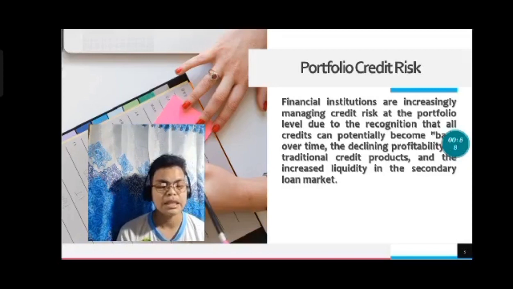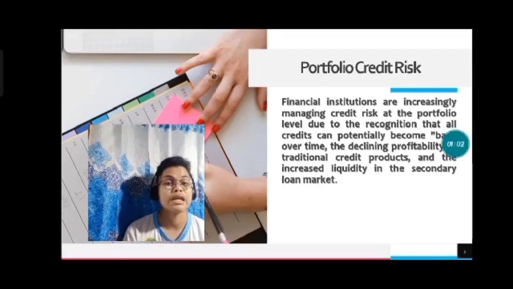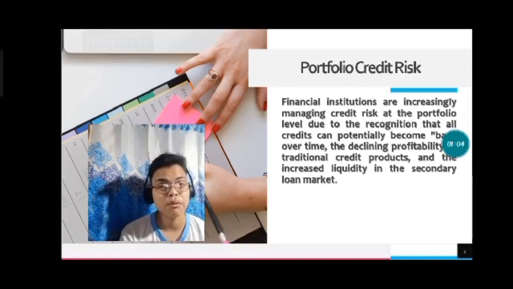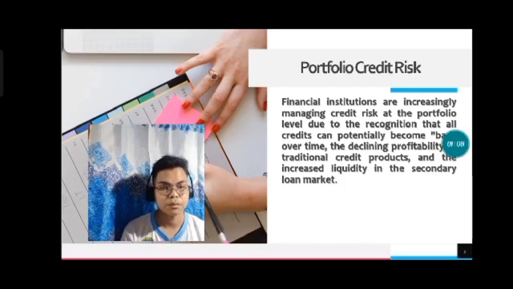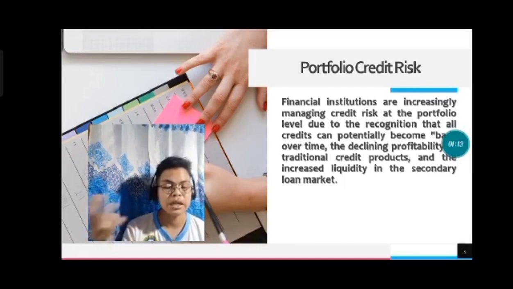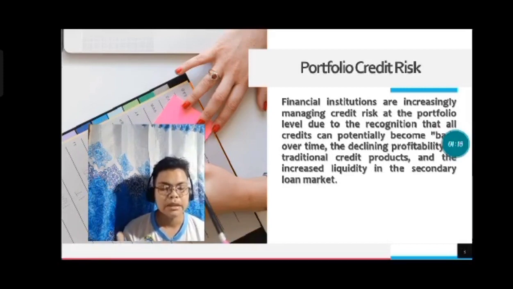A credit portfolio is a collection of credit exposures that is formed as part of financial intermediation. For example, I am the lender, so I have borrower 1 and borrower 2. These borrowers are put in one portfolio, so that is a credit portfolio. And in any credit portfolio, there is a risk.